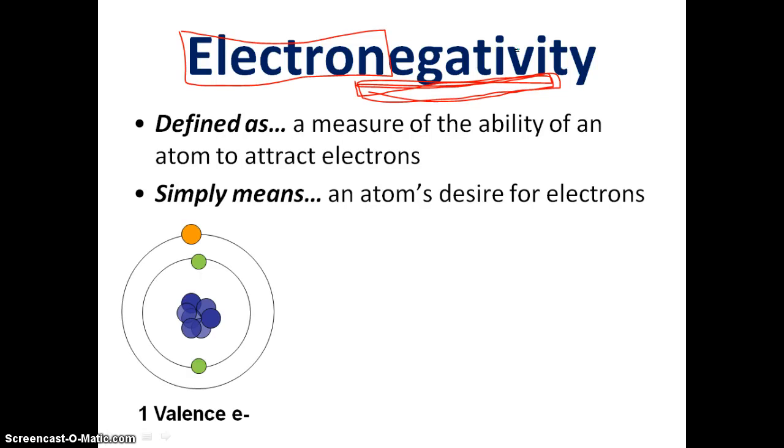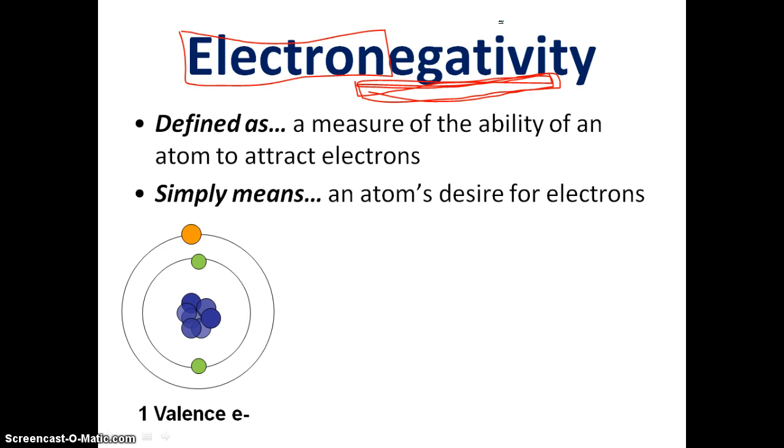Now, what we've seen in the periodic table is everything in group 1, your alkali metals. They have one valence electron. That means one electron on the outer ring. If you recall, how many electrons do all atoms want in their outer ring to fill it up? How many will fill up that ring? 8.